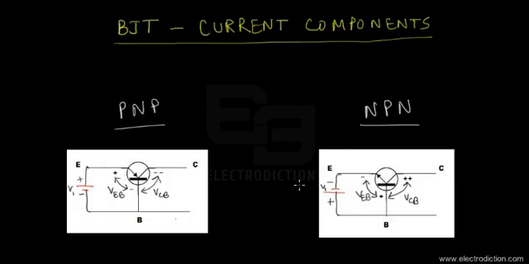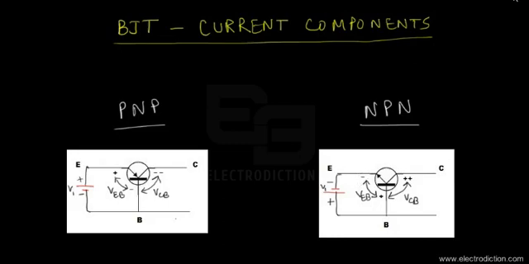Okay, so this particular voltage source provides the necessary voltage levels to keep the emitter terminal of the PNP type of BJT at a higher potential compared to its base, while in the case of the NPN type transistor, the V1 voltage source manages to keep the base at a comparatively higher voltage than the emitter terminal itself.